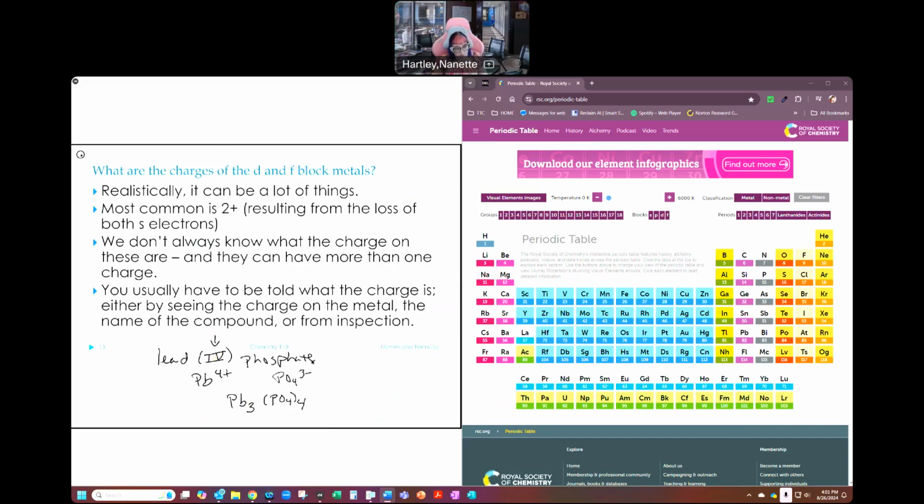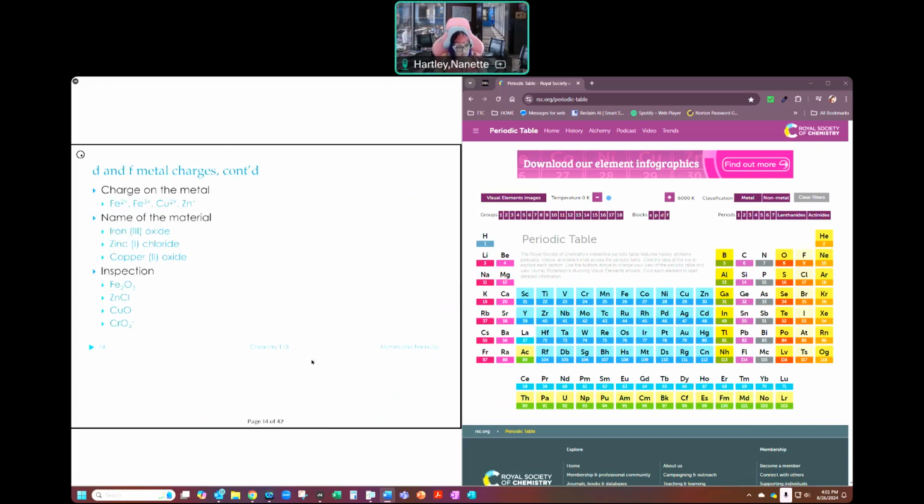So that's a lot of rules, a lot of things. Again, we can find the charge from the chart on the metal, where it's explicitly shown in the name of the material: iron 3, zinc 1, copper 2. Or from inspection. If I know O is 2 minus, and I have 3 O's, then it must be Fe3+.